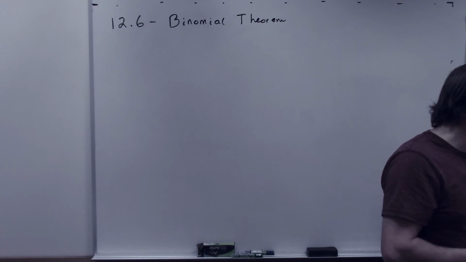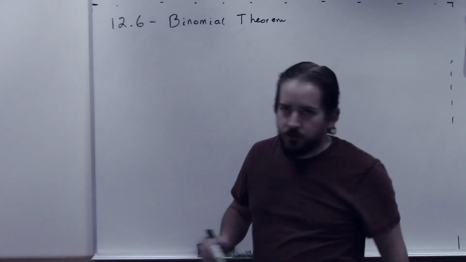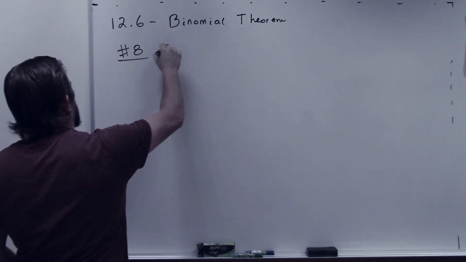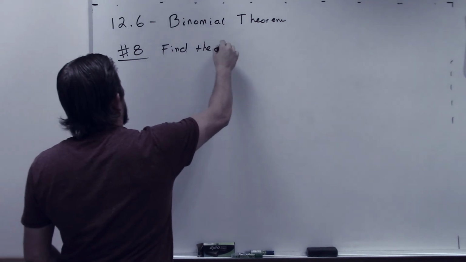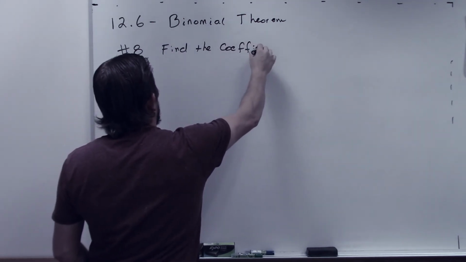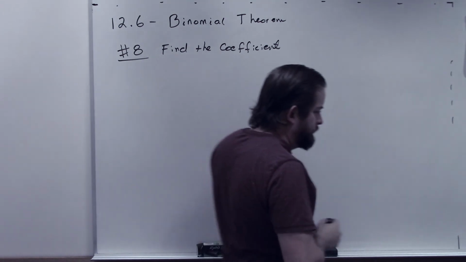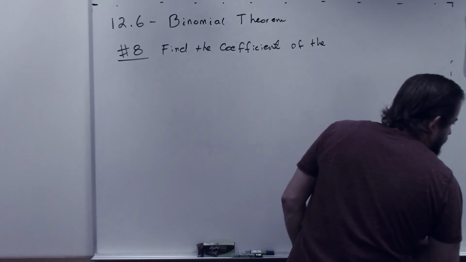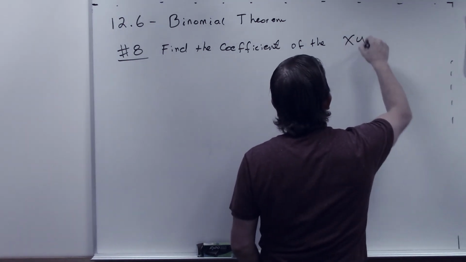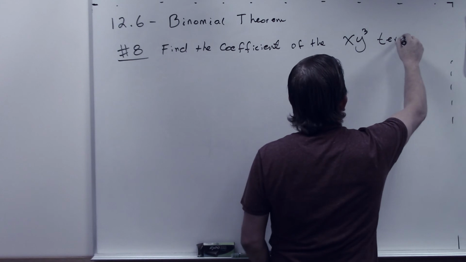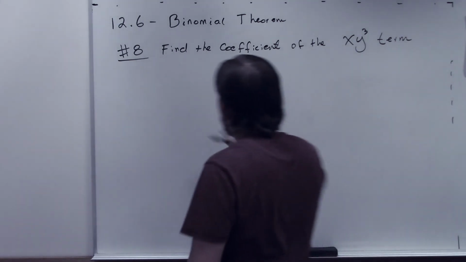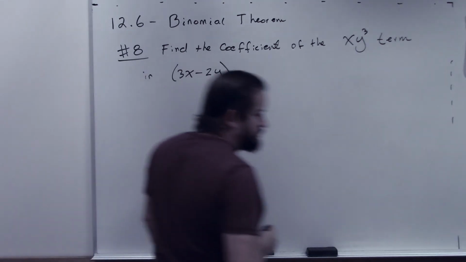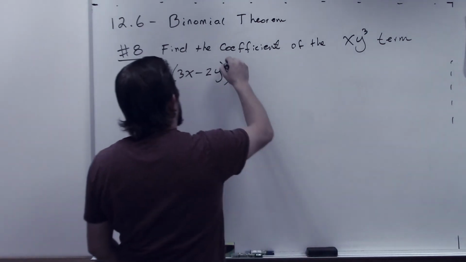Let's look at number 8. Number 8 says find the coefficient of the xy to the 3rd term in 3x minus 2y to the 4th.